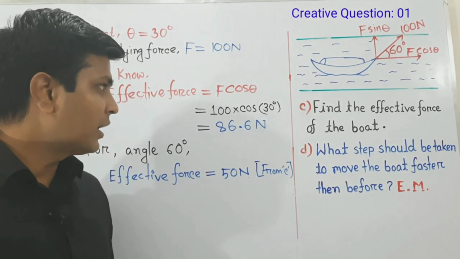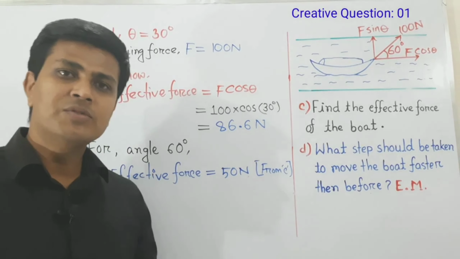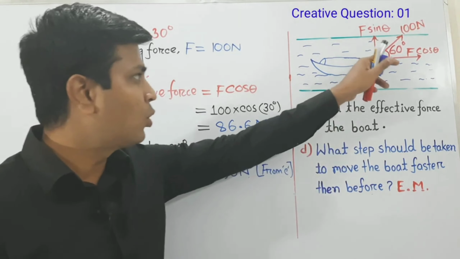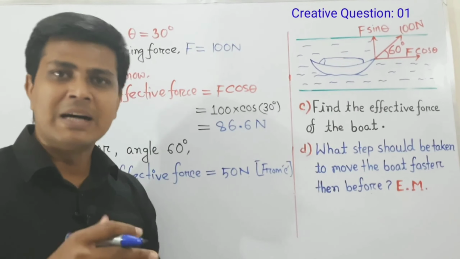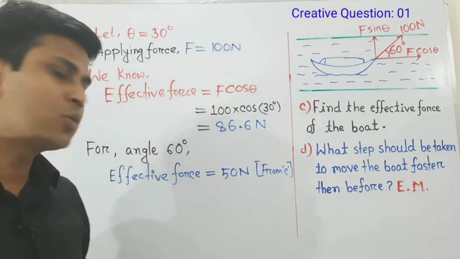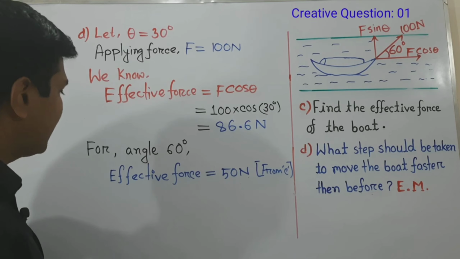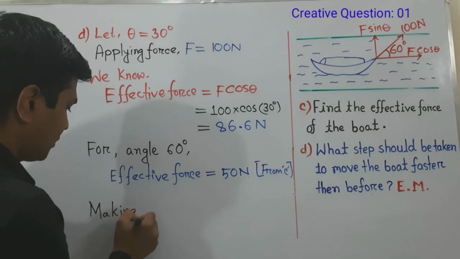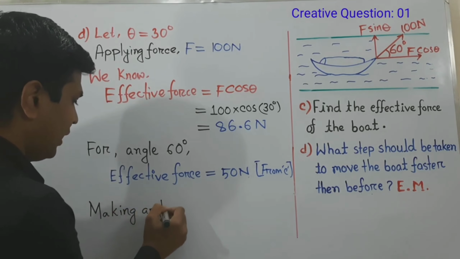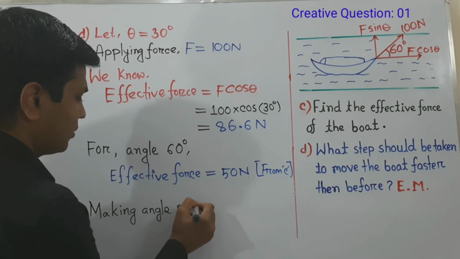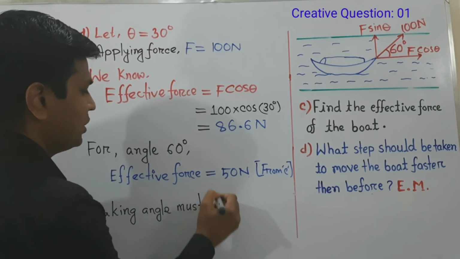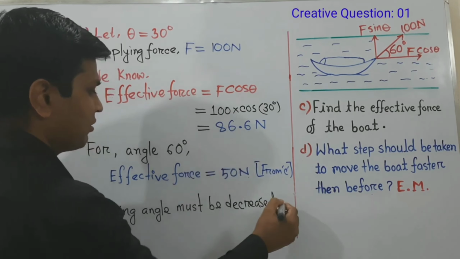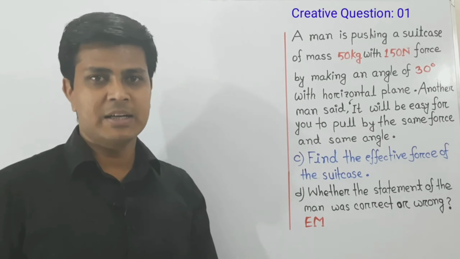That is why we can say if you want to move the boat faster than before, then the making angle between the rope and the horizontal plane must be decreased. So our conclusion is the making angle must be decreased.